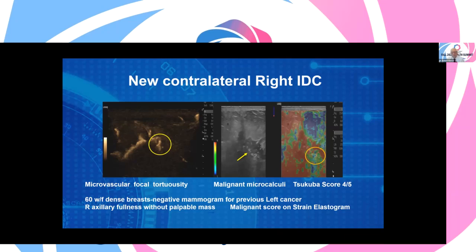And this shows you how likely things are to be aggressive. So it's quantifiable too. There's a Tsukuba score 4 out of 5. So it's suspicious. There was no mass. There was just some fullness. We biopsied it. It was cancer. Next, please.